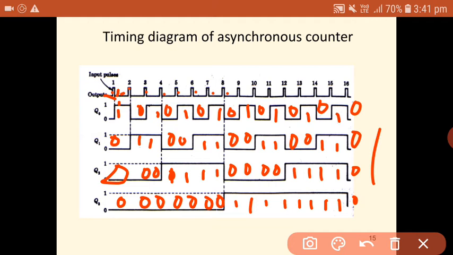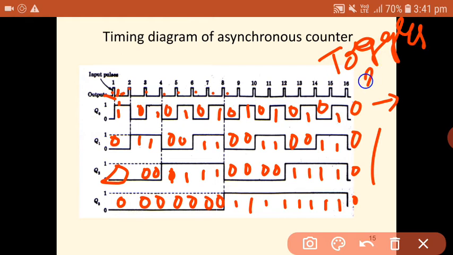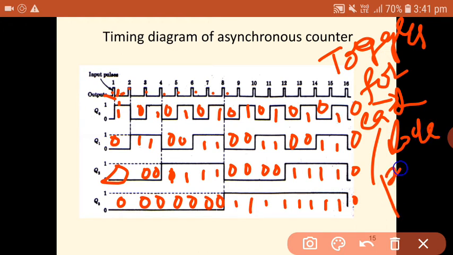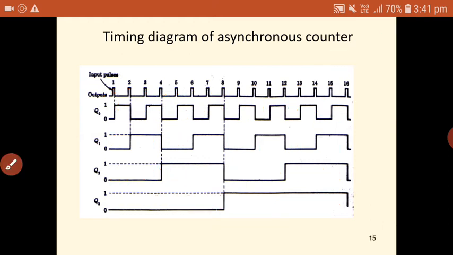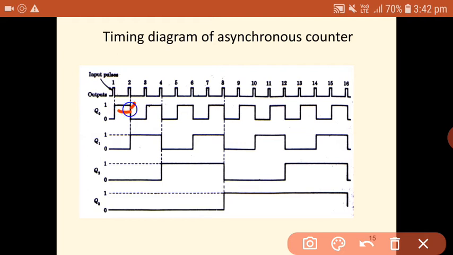If you observe, the Q0 output toggles for each and every clock pulse, whereas the Q1 output will be toggling whenever Q0 changes from 1 to 0.